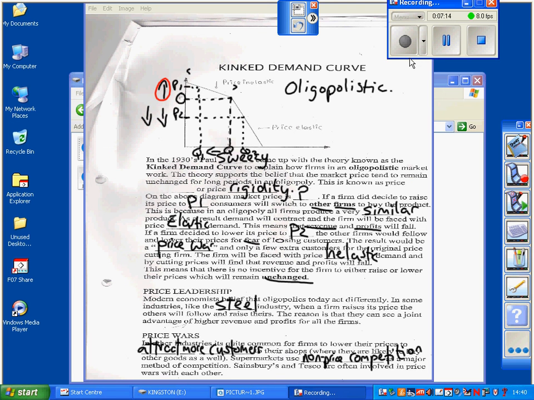And there is also no incentive for one oligopolist to lower their price, because they will only gain slightly more customers, and the longer term implication is that the other competitors will also do the same, and the market price will be depressed in the longer term, meaning that revenue and profits for every single oligopolist will fall.